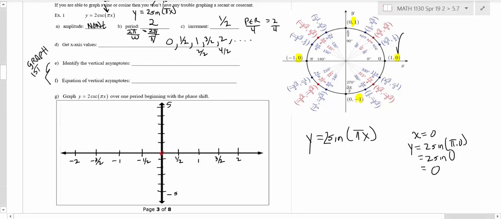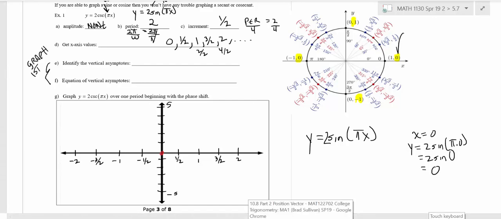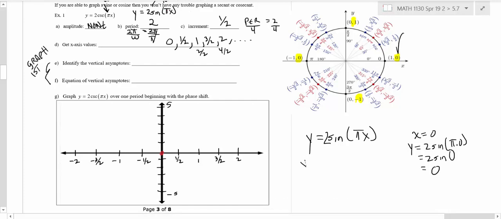Now you don't have to do this number crunching that I'm doing here unless you feel like you need to. To me, once you get 2 points on a sine, then you know where the rest of them go. Now I'm going to go ahead and go to x equals 1/2 because it's good to show you how all this stuff works anyway. So then I would do y equals 2 sine of pi times 1/2.